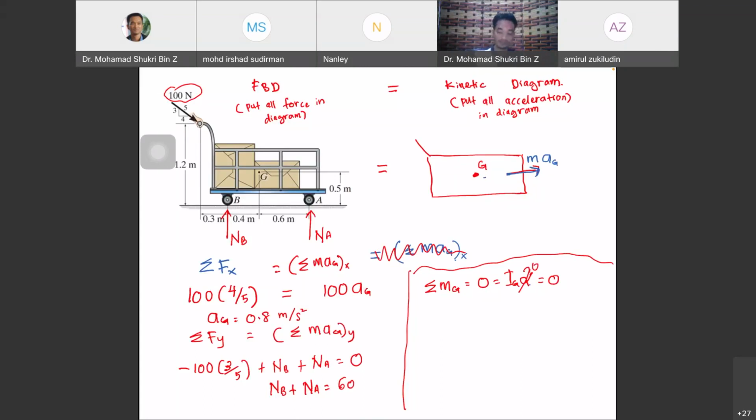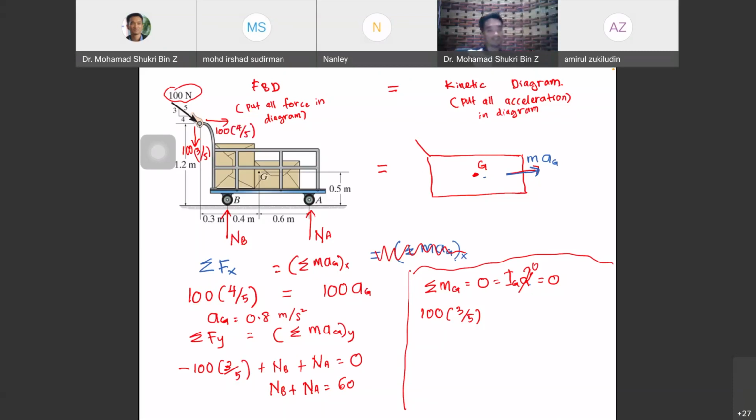So summation of moment about G. Where is the moment about G? This is G. What is the moment about G? This one is 100 times 3 over 5, and this one is 100 times 4 over 5.